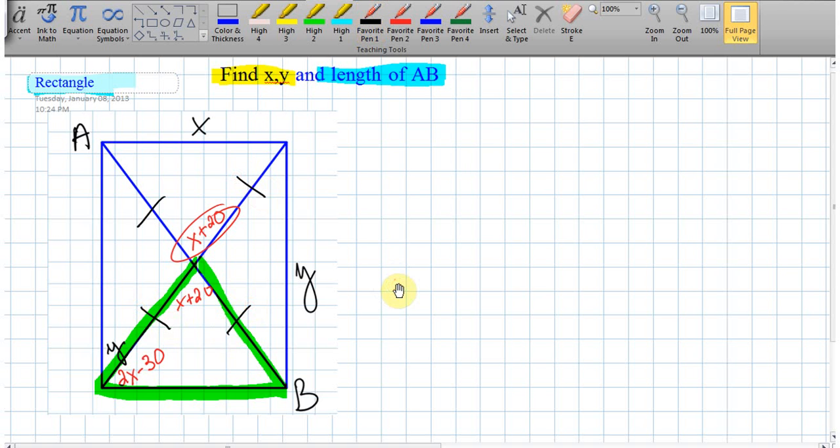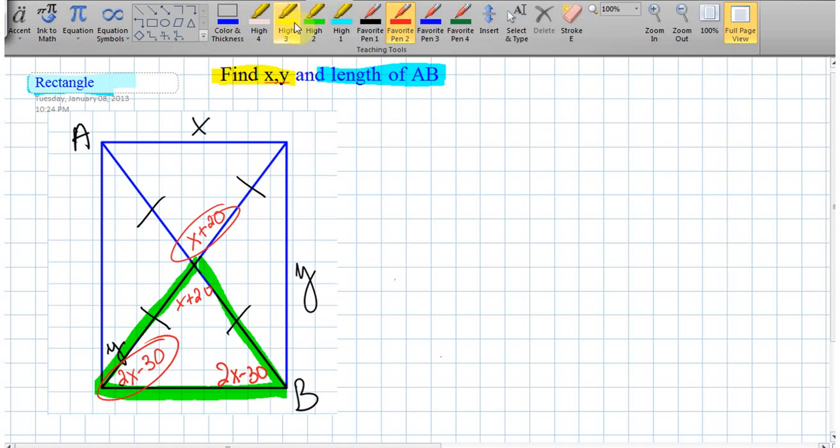And so when the diagonals bisect each other and they're congruent, this produces this incredible triangle in here. And hopefully you know the language of that triangle. That is an isosceles triangle. And so right away, once you see an isosceles triangle, you should be thinking, yes, I know something about the sides, and then I know something about the base angles. Well, if this one base angle is 2x minus 30, then the other base angle must be 2x minus 30.